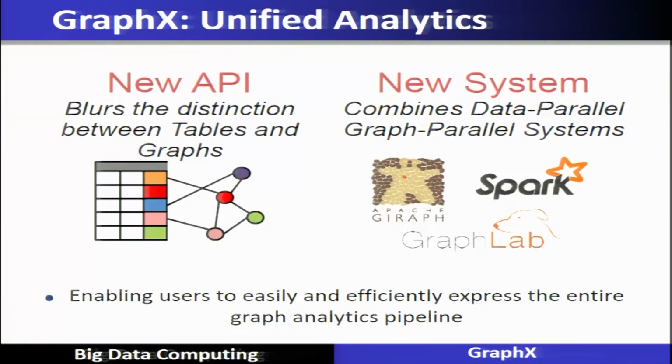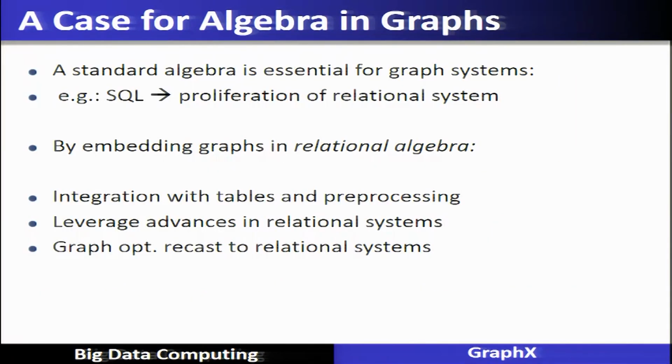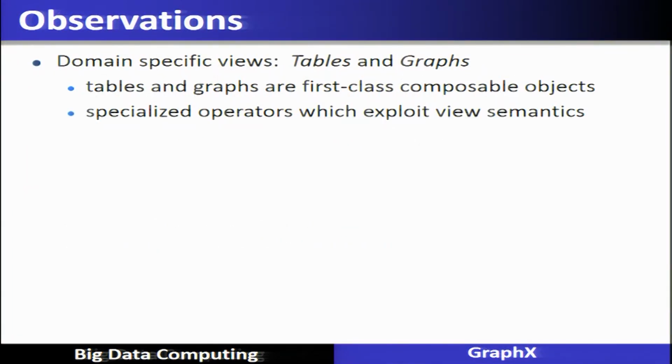This new API gives a new system which combines a data-parallel and a graph-parallel system. Graphs are also used as relational algebra, so SQL queries can also be operated on the graph data structure.